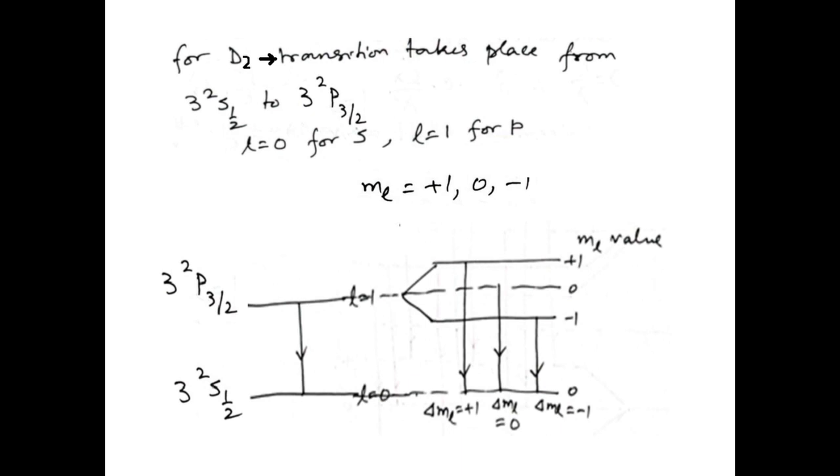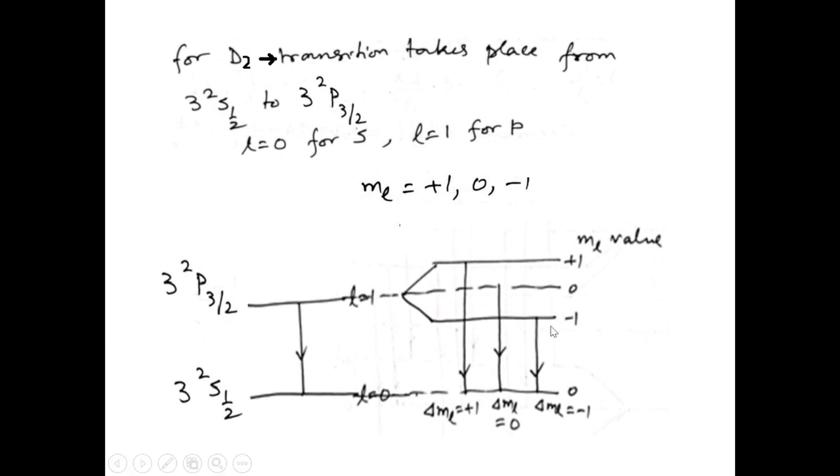So here also the 3P 3 by 2 and 3S half transition shows a single line under magnetic field. Just as in the case of D1, the same thing is happening, the 3 lines again originate following the selection rule.